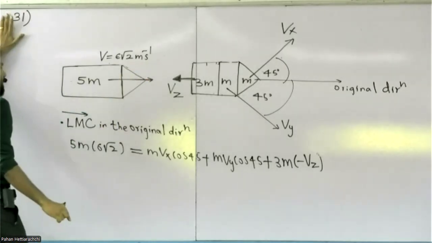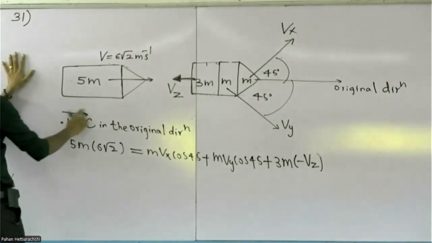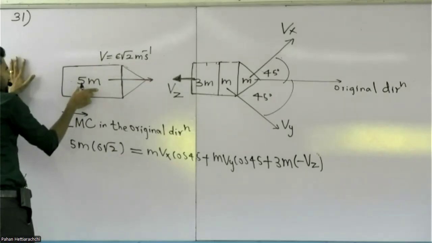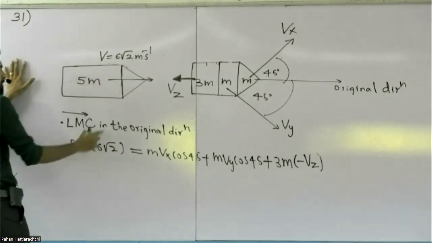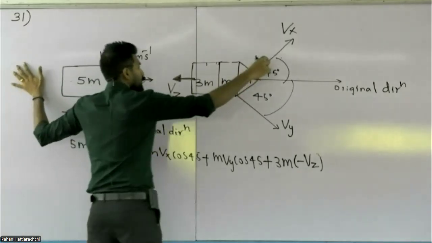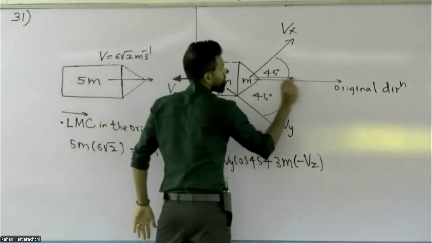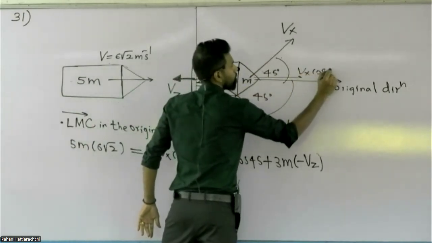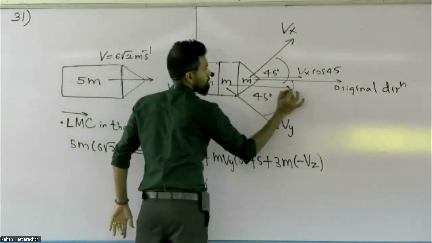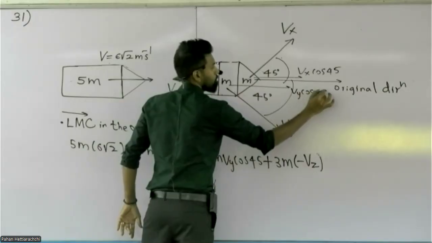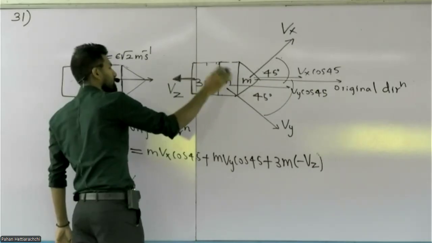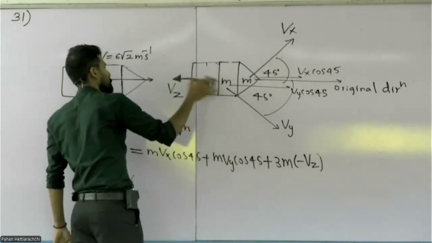Applying linear momentum conservation in the original direction, the initial momentum is mass 5m into velocity 6√2, equal to the final momentum components: m vx cos 45 in this direction, the next term m vy cos 45, and in that direction 3m into Vz, but Vz is minus since it's moving in the opposite direction.